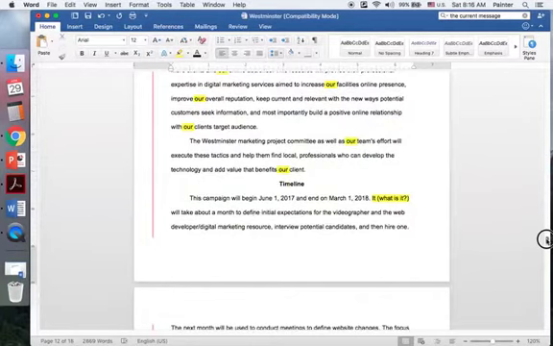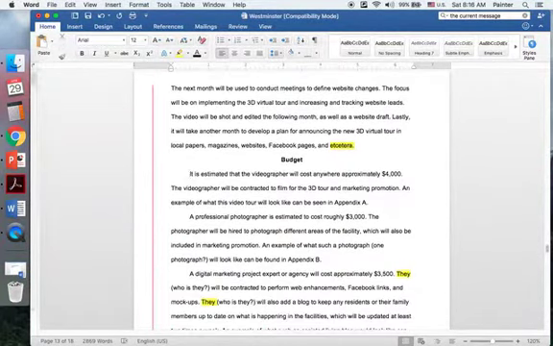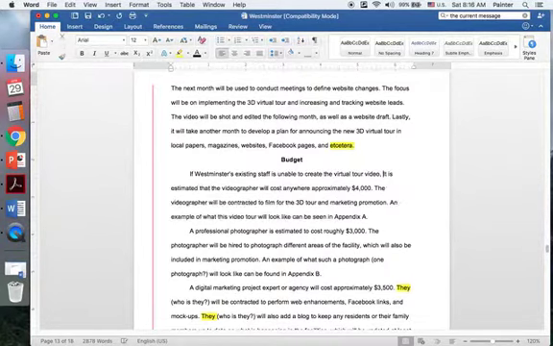What I would say in terms of the timeline and the budget is, if Westminster's existing staff is unable to create the virtual tour video, it is estimated that hiring a videographer will cost approximately $4,000. The videographer will be contracted, right?